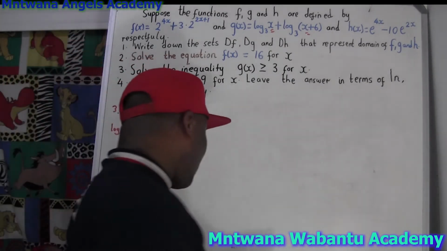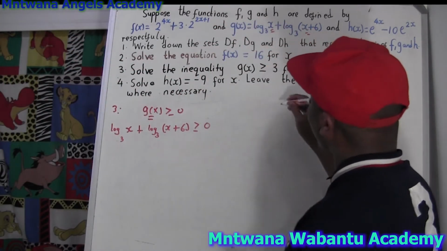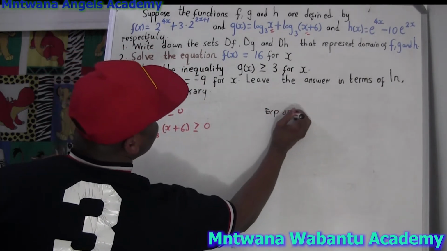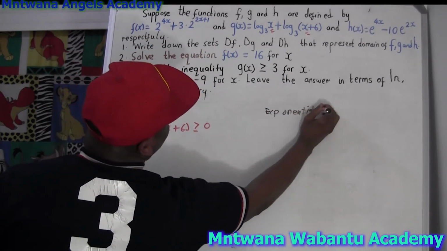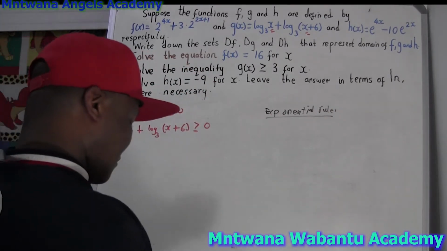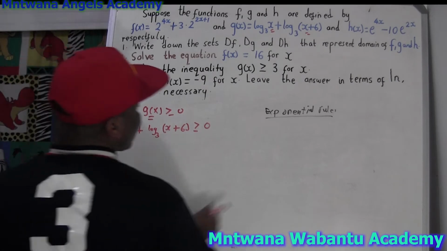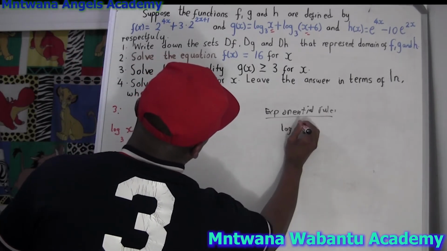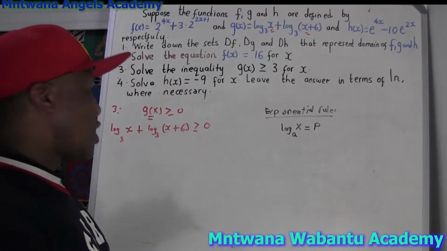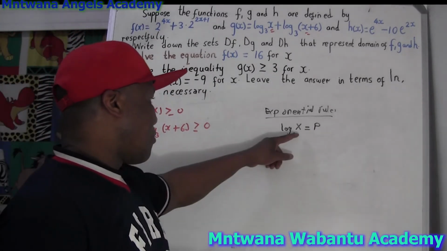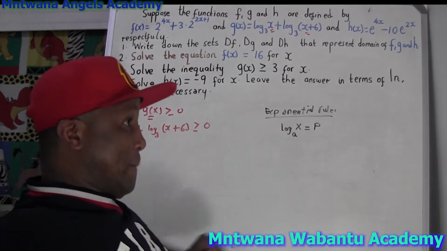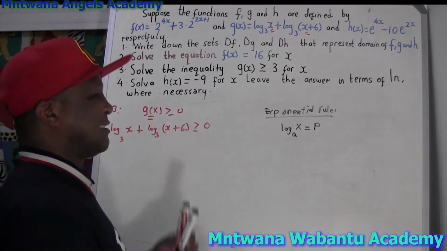Notes. This is very, very important. Let me show you something called the exponential rule. What is the exponential rule? Don't write this in an exam. If somebody gives a log, let's say log of x under base a equal to p, and you want to apply exponential, look, you push the base to the right.